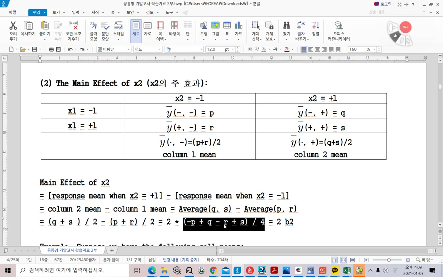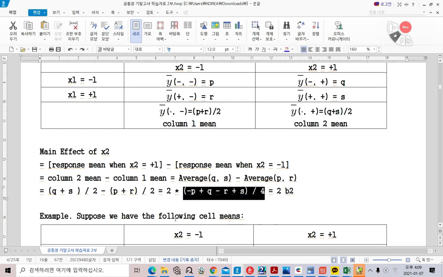I'm explaining the relationship between effect and the coefficient. Translation. 지금 제가 그 effect하고 coefficient 사이의 관계식을 말씀드리고 있는 거예요. So main effect of X2 is the same as 2 times B2, which is 2 times the coefficient of X2.